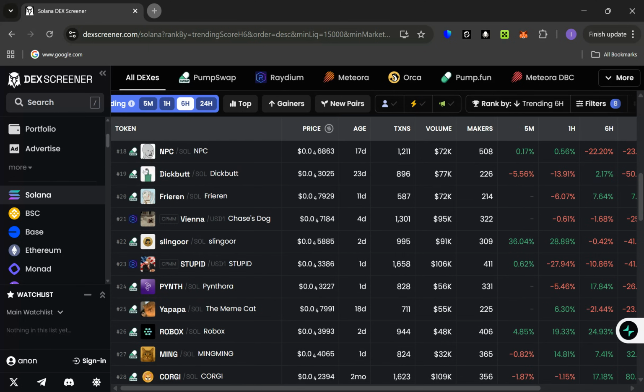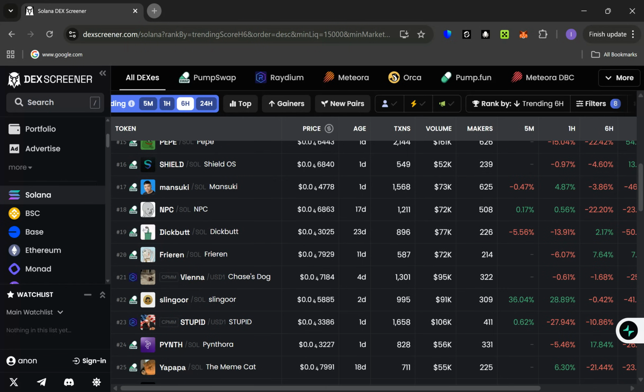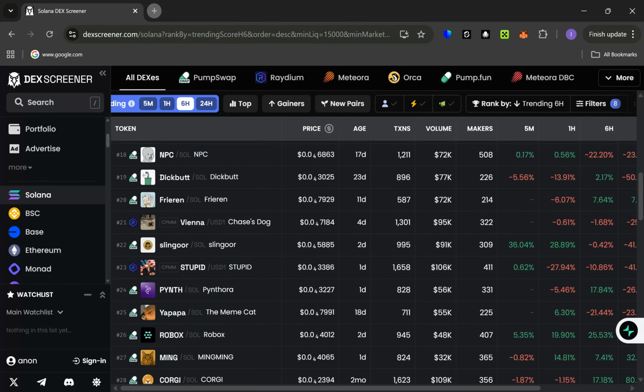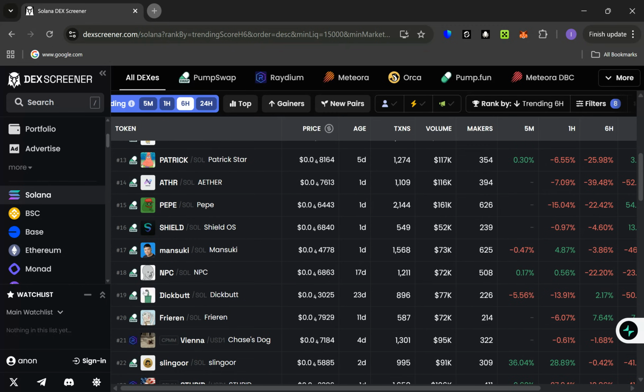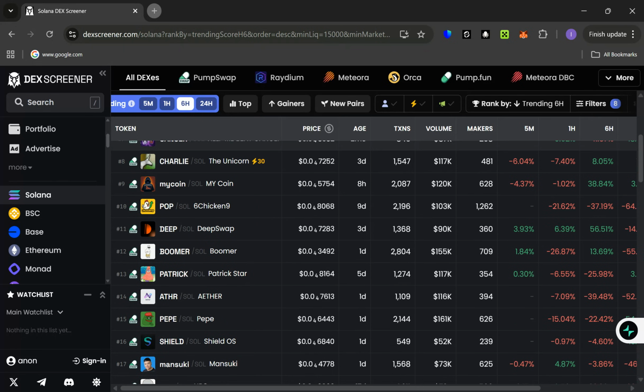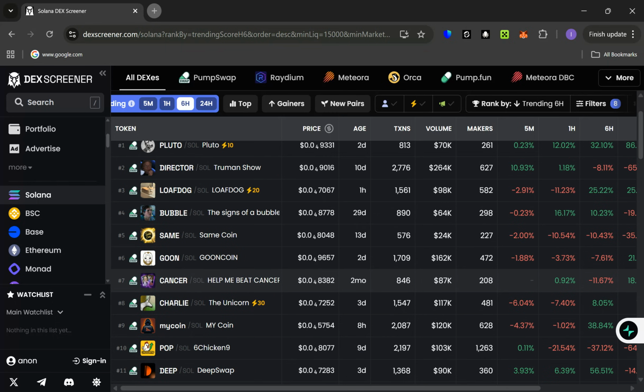So this is actually, I can say, the filter most times I use to work. Even here I see three of the tokens that I called in my group, and all of them gave us a lot of money. Like that Director gave us around 21x, this Boomer gave us around, I think, 5x, I can't remember, but around 5x. Those who are from my community, I'm very sure they will know that.